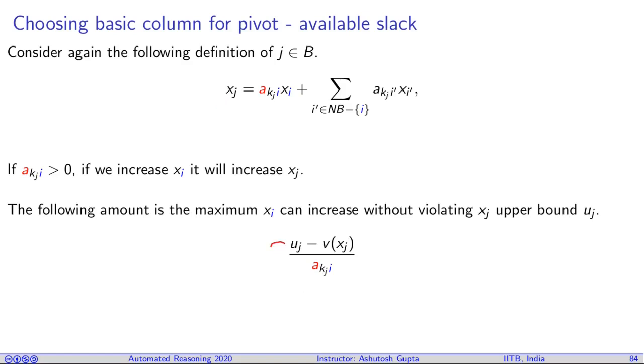Take the upper bound uj, and the current value of xj is this, right? So see how much you can go up to the upper bound, take this much and divide it by the coefficient. This much delta you can create in xi, such that xj goes up.